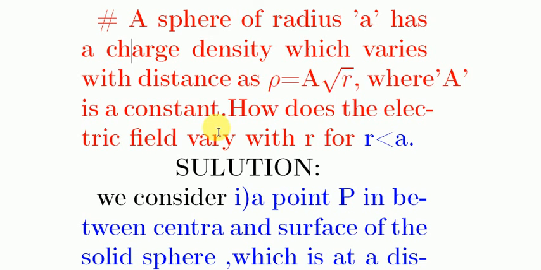Then we can easily say how the electric field varies with r when r is less than a. That is, for an inside point, how the electric field varies with the distance from the center of the solid sphere.